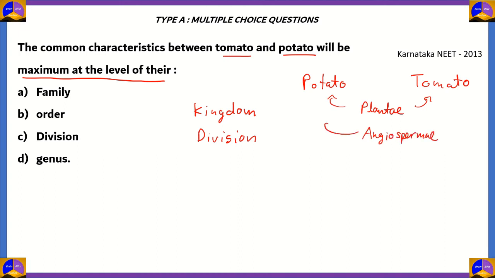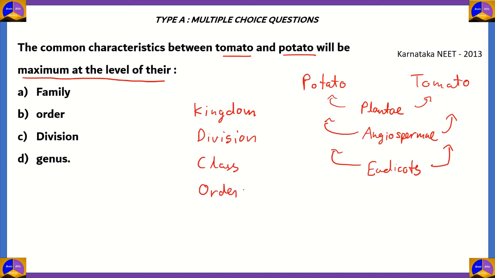Both the potato and the tomato are angiosperms, so that means they're related. Now, what about class? The third taxonomic category. Both potato and tomato belong to the class Eudicots, so both of them are dicotyledonous in their seeds, so therefore, so far, they're identical. I mean, they are related.